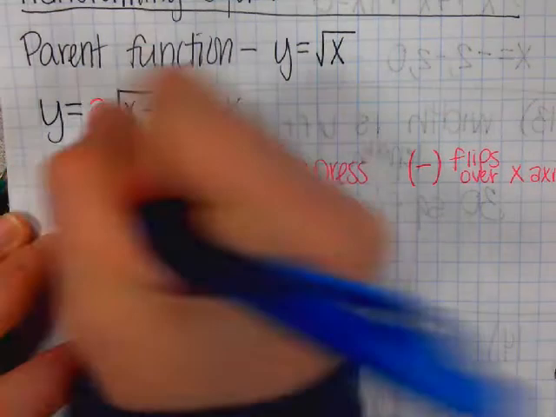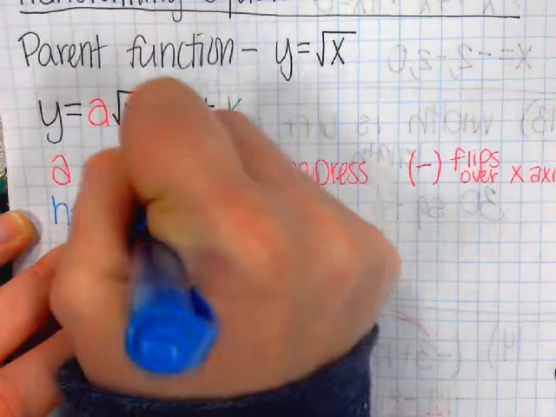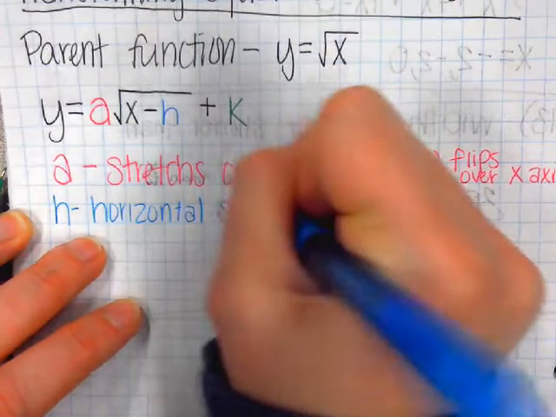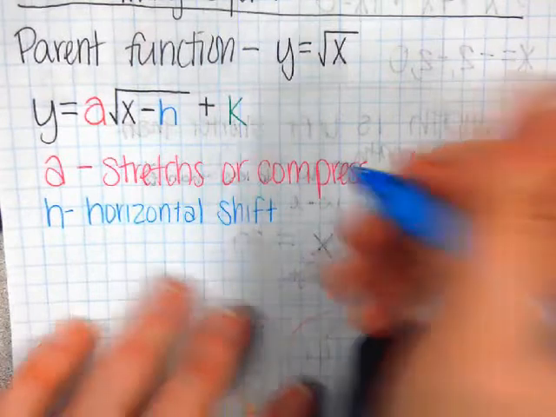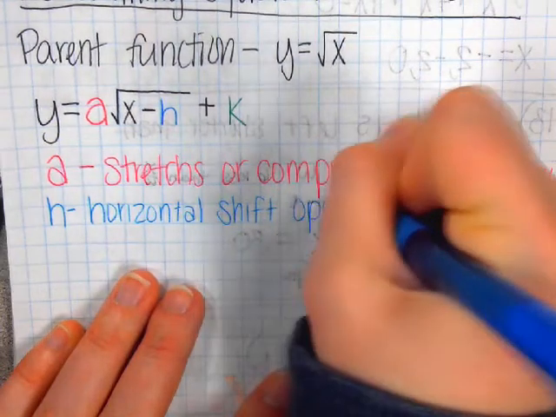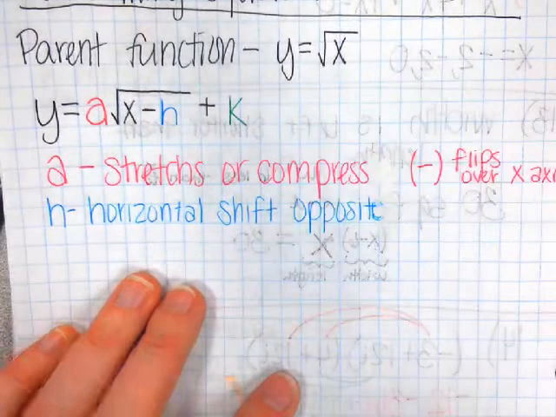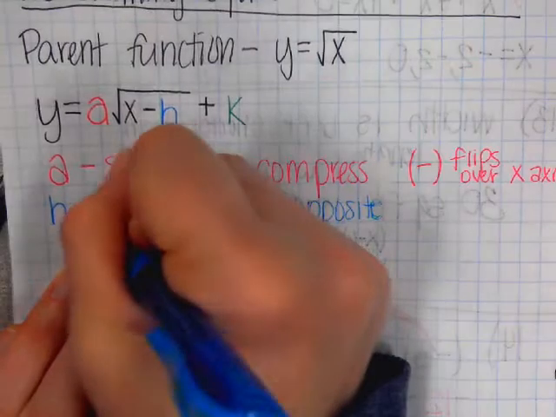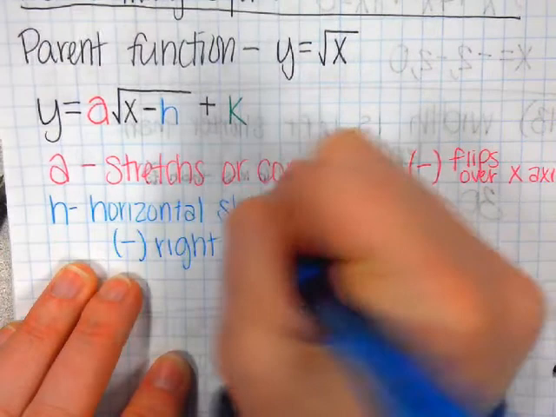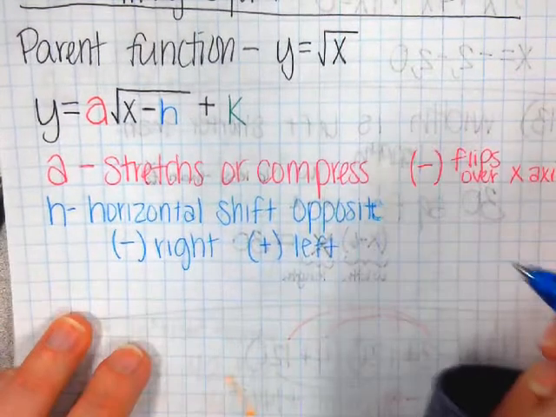H is a horizontal shift. And remember, it's opposite. Oops, there's that leftover whiteout. So a negative moves it right, positive moves it left.